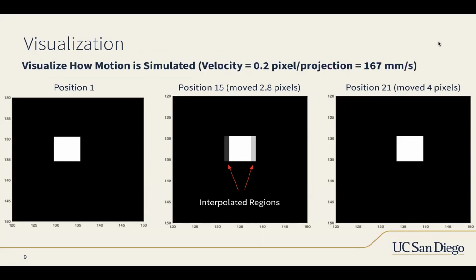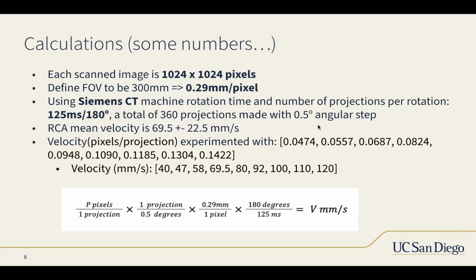Can I ask a quick question? Yes. On the setting of the total number of projections, it says here Siemens has 360 projections in 180 degrees. So that's 720 for the full 360. Where did you get that number? I looked it up online.